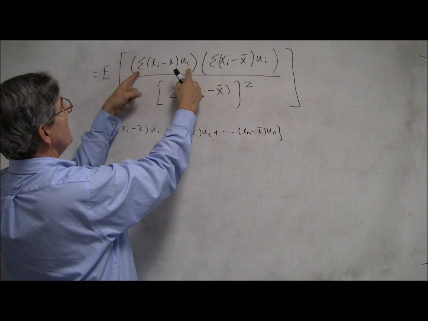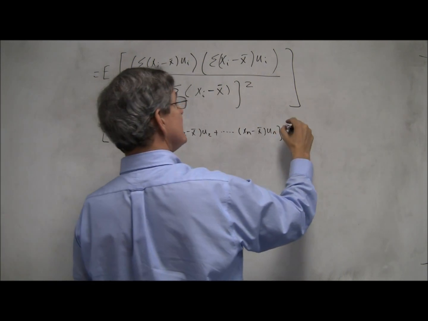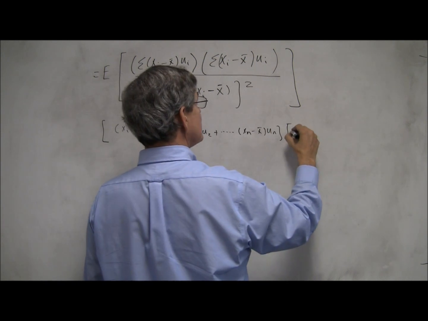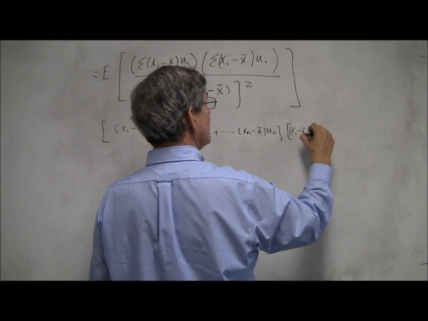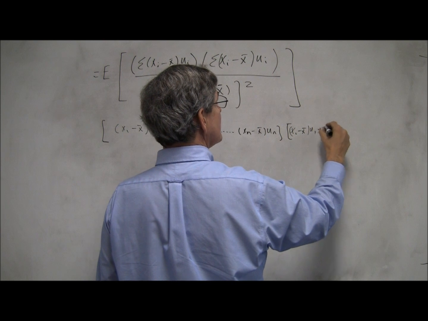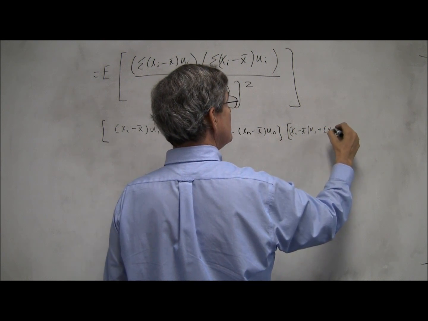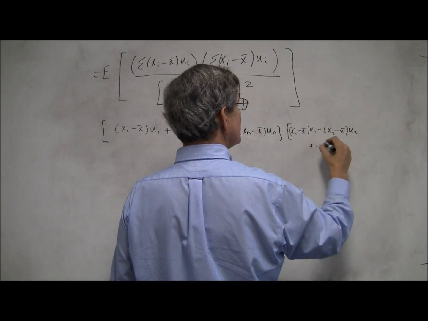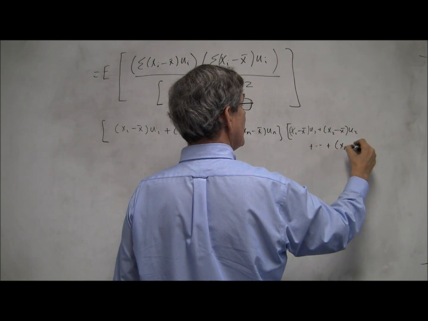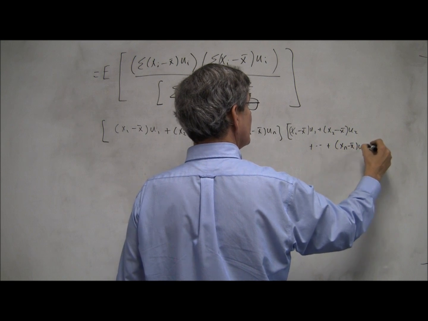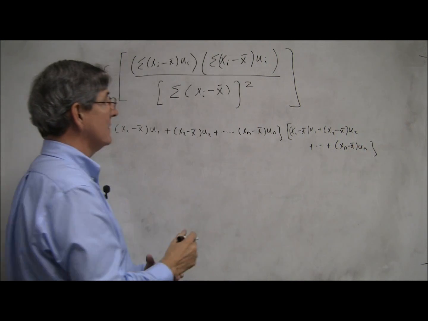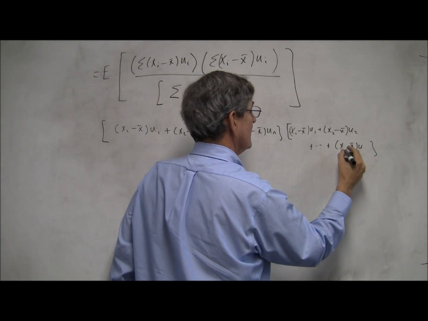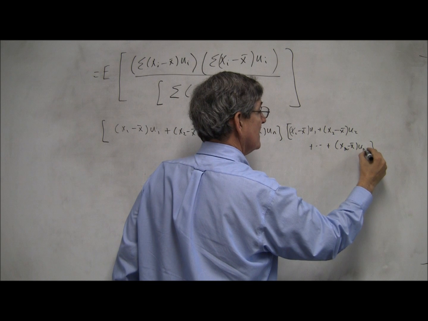That's just this part written out, times the same thing: x1 minus x bar times u1 plus x2 minus x bar times u2 plus xn minus x bar times un. Those things are n's. People get mad at my n's, sorry.